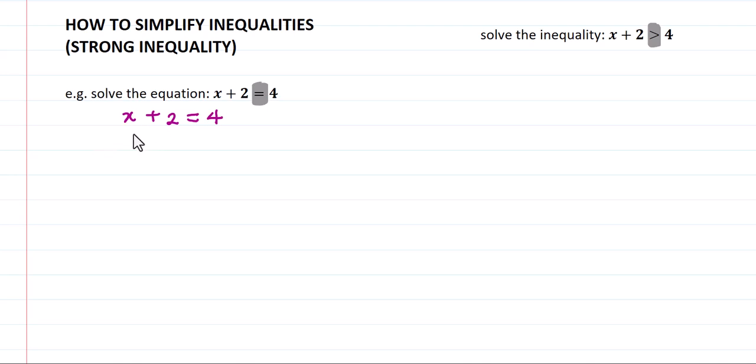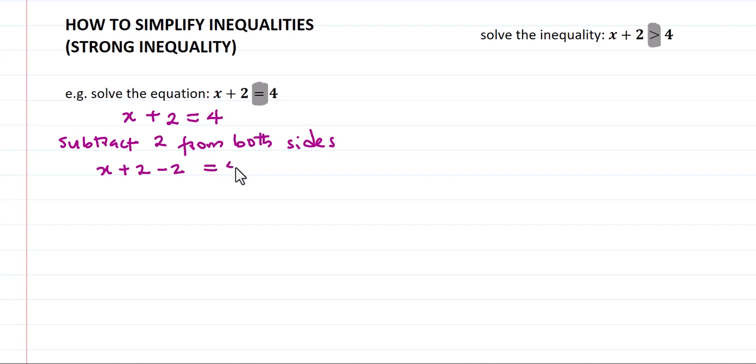What do we do? We subtract 2 from both sides, such that we have x plus 2 minus 2 is equal to 4 minus 2. Then the 2's cancel out because plus 2 minus 2 is 0. So we're left with x is equal to 4 minus 2, which is 2. Therefore, x is equal to 2 and we are done.